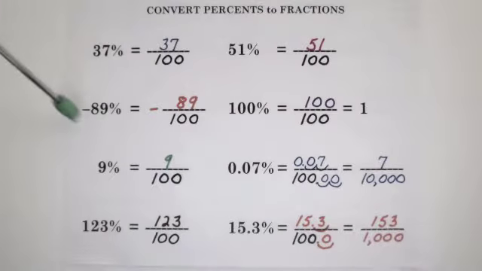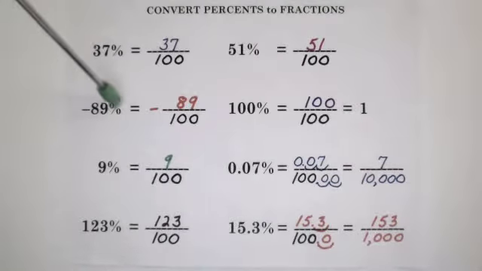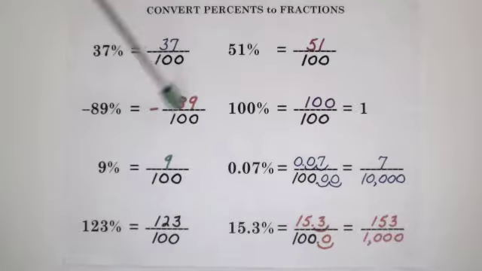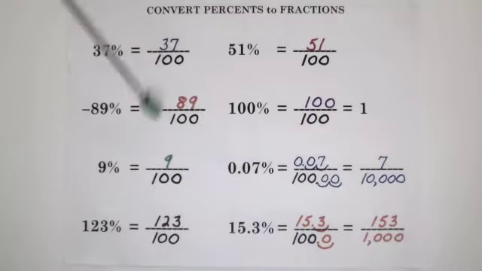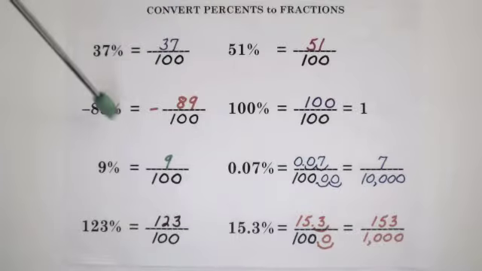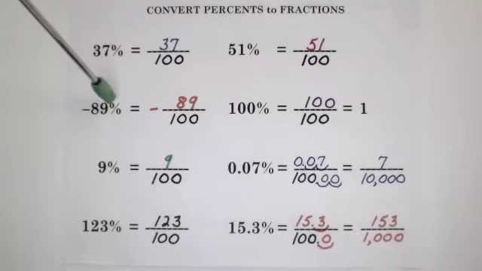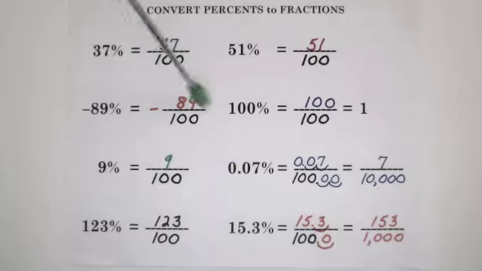I don't care what's in front of the percentage sign, write that as your numerator and represent the percentage sign in the denominator as the number 100 because percentage is based on a total of 100 parts and the denominator of fractions tells you how many you need to make one whole.